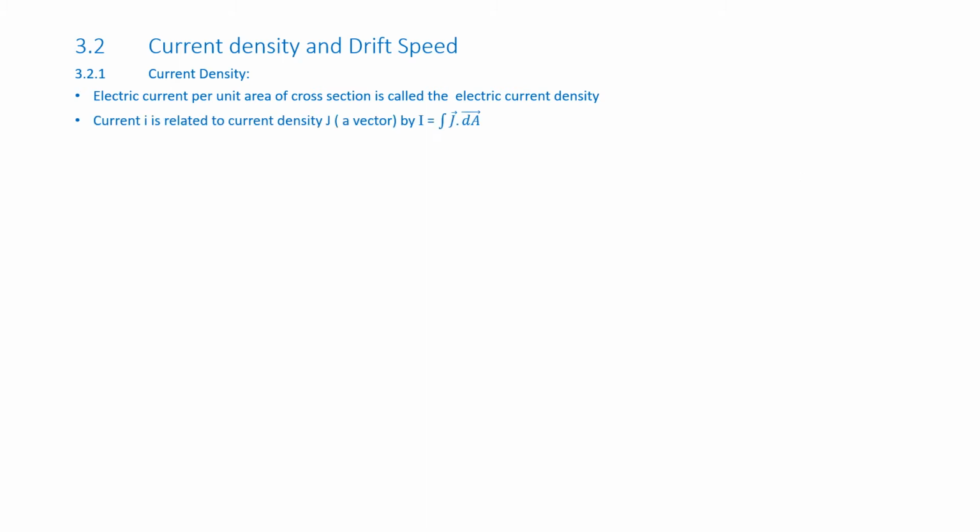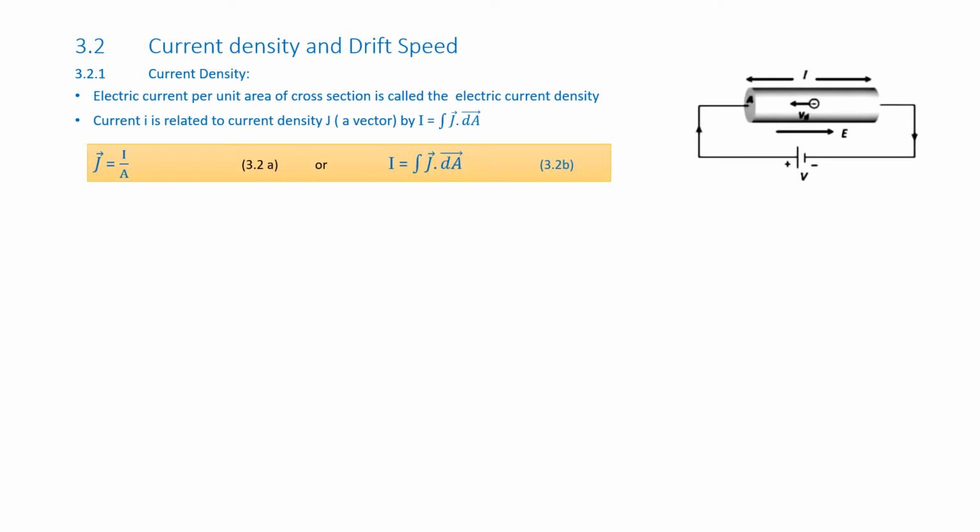Current density and drift speed. Electric current per unit area of cross section is called the electric current density. Please see the figure on the right hand side. Here there is a conductor, a metallic element whose length is L, and it is connected to a battery.